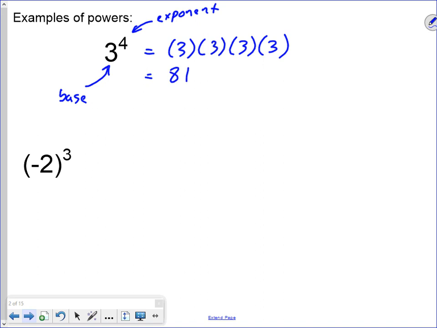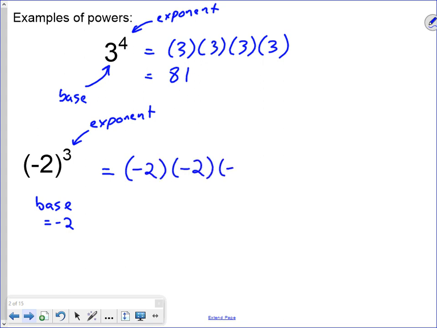All right, so if we've got something like negative 2 to the power of 3, our base is this number in brackets, negative 2. And it includes both the 2 and the negative. And of course, our exponent is a 3. And this means, again, repeated multiplication. Negative 2 times negative 2 times negative 2.